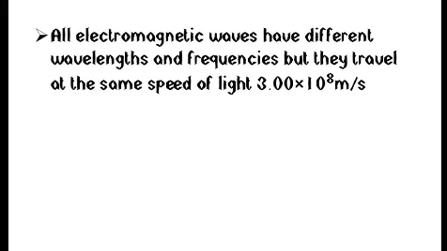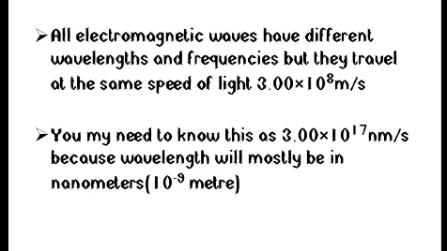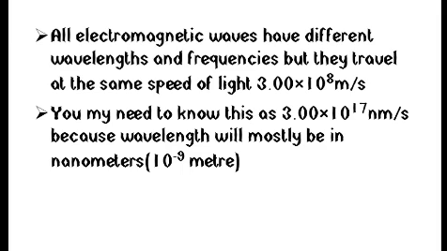All electromagnetic waves have different wavelengths and frequencies, but what's more interesting is that they all travel at the same speed, which is the speed of light, 3.00 × 10^8 meters per second. But here in chemistry, you might want to remember 3.00 × 10^17 nanometers per second.